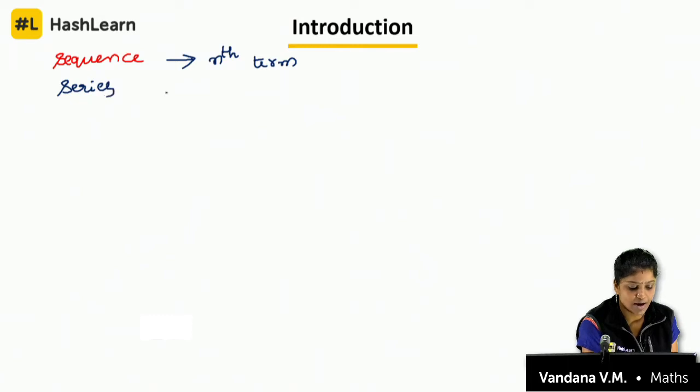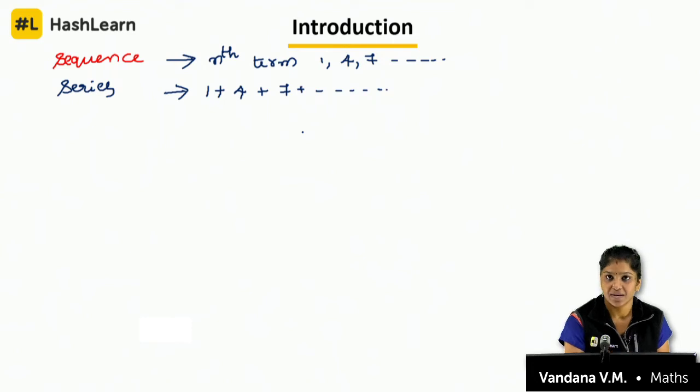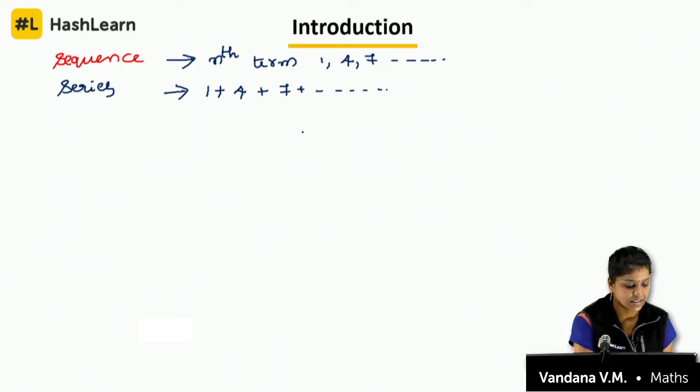If you are adding those sequence terms, like 1 plus 4 plus 7, that is called a series, while 1, 4, 7 and so on is called a sequence.